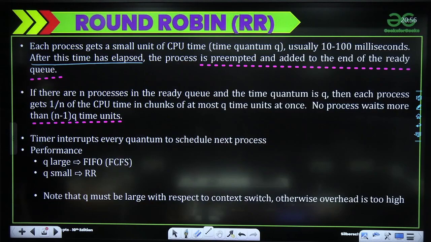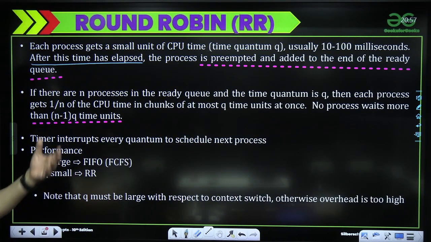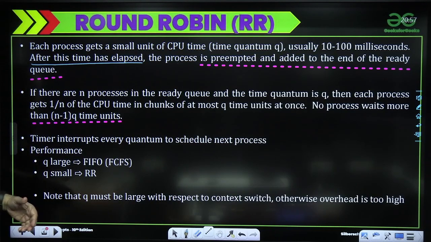So it all depends on the values of n and q. If there are more processes and the time quantum is more, the process will wait more. If there is a smaller number of processes and the time quantum is also less, then the process will wait for less time. So a timer interrupts every quantum to schedule the next process. Performance, of course, we'll see after some time.